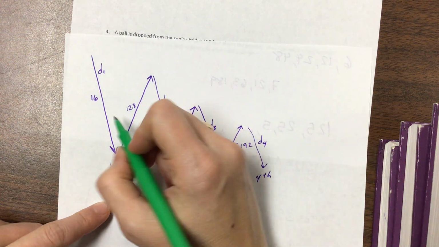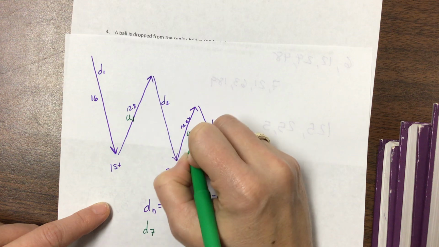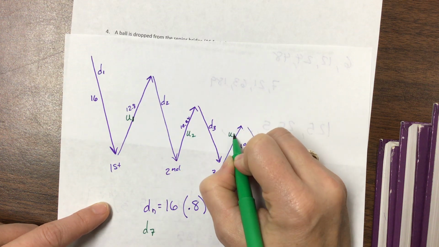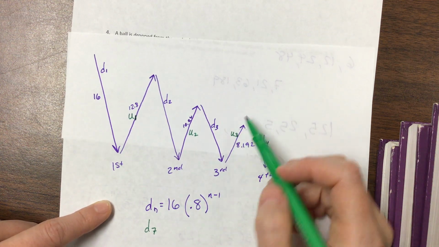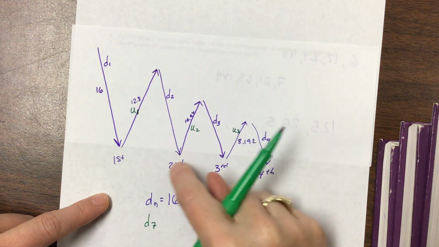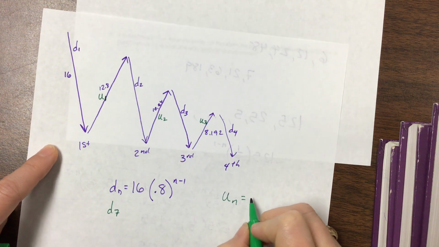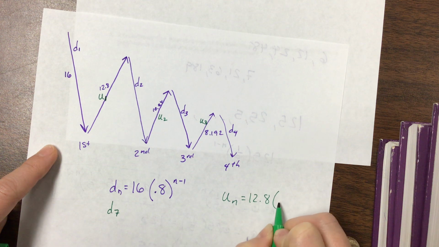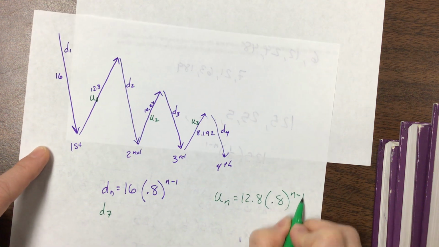The other thing we can do is call this U1, this U2, and this U3, and so forth, where this is the amount we go up each time. So I've got the downward motion and the upward motion. If I look at the upward motion, U sub n would be 12.8 times 0.8 to the n minus 1.